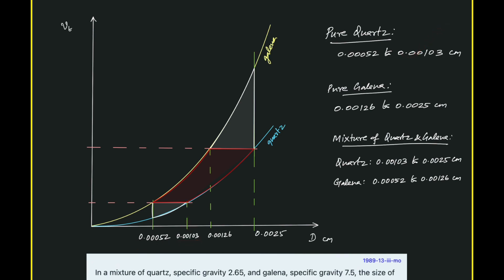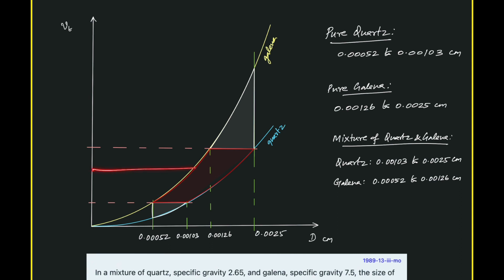And the mixture which is not separable using this hydraulic fluid, which is water, is quartz from 0.00103 to 0.0025, with this size of quartz and this size of galena having the same settling velocity range.